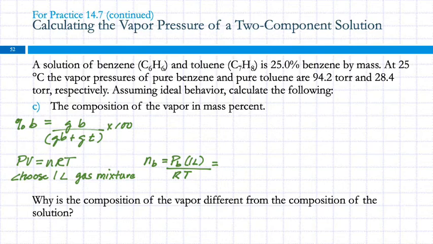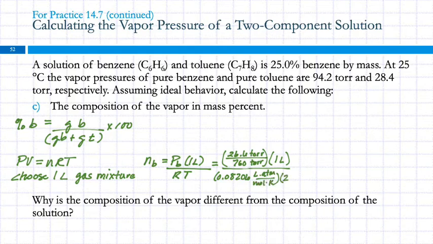No, I can't. 26.6 torr divided by 760, that's going to give me atmospheres, times 1 liter divided by 0.08206 liter atmospheres per mole Kelvin, temperature in Kelvin, 298 Kelvin.